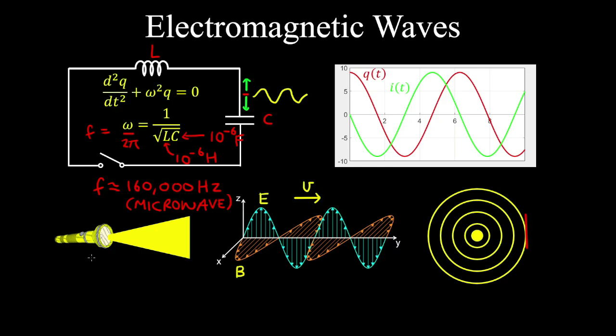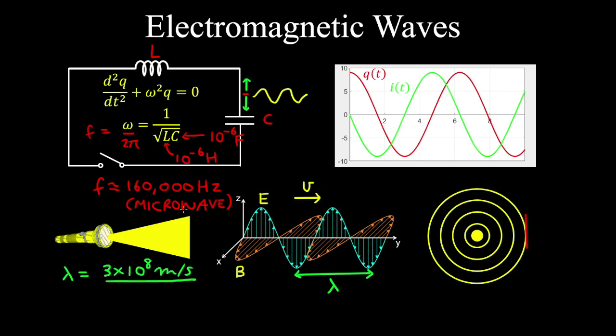And recall that we can calculate the wavelength, being the distance between 2 peaks or 2 troughs, and so on, of a wave, which is equal to the wave speed of the electromagnetic wave. So in air, that's almost equal to the speed of light in a vacuum.